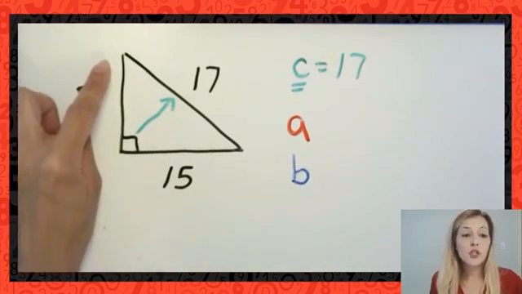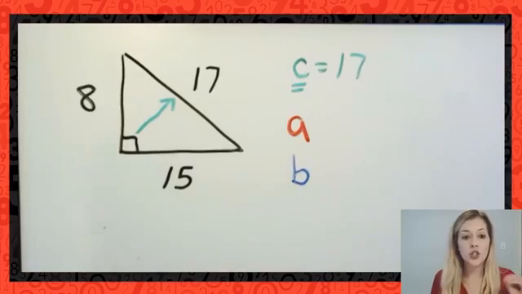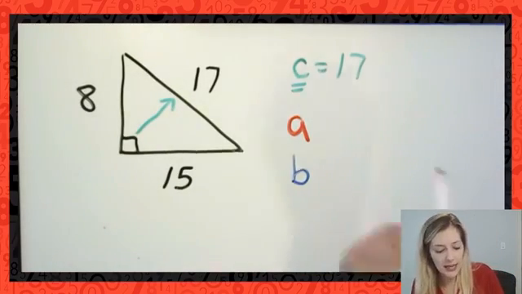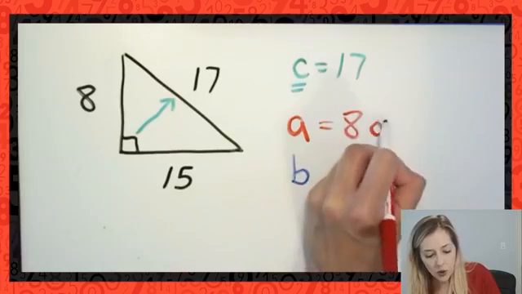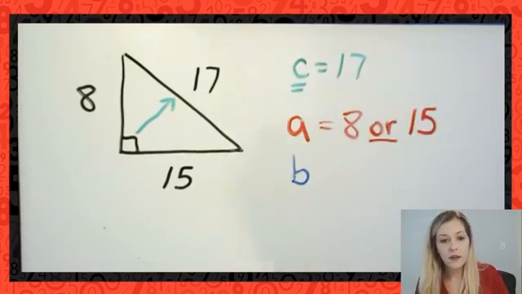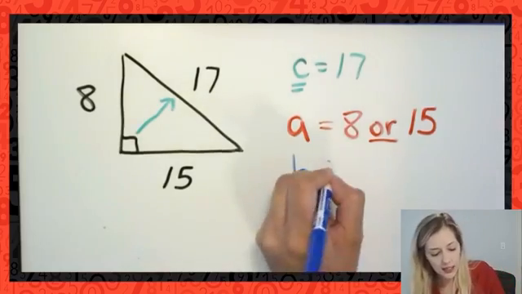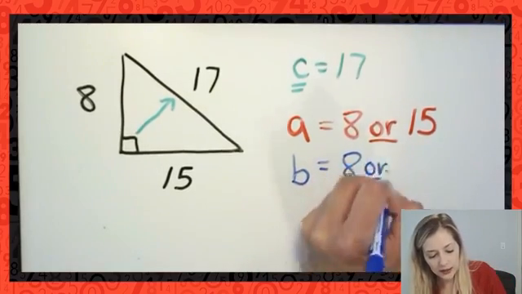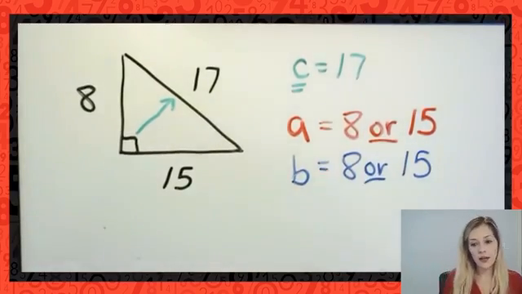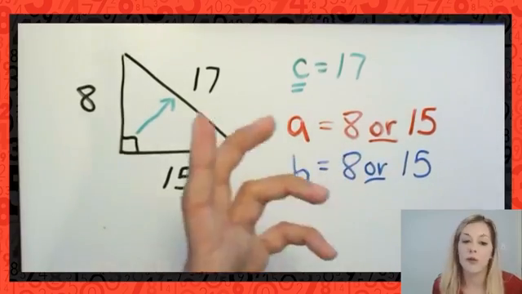But there's no need to, because a and b are just the two legs of the right triangle. So I can say a is equal to 8 or 15, and whatever I choose for a, b is just the other one. As long as you don't say both of them are 8 or both of them are 15.